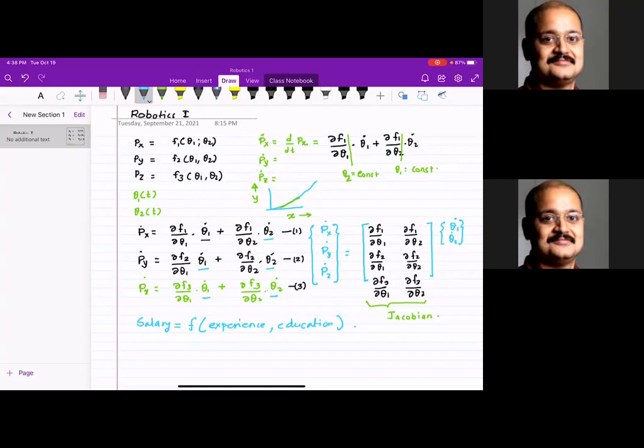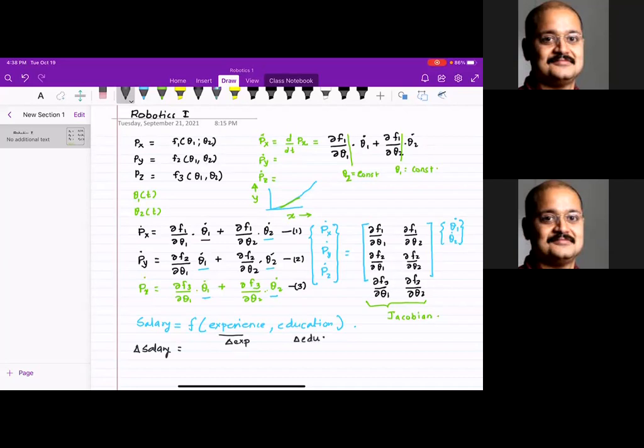Now, if I want my salary to increase, this increase in salary, or change in the salary, so delta salary, will be achieved by change in the experience or delta experience, or getting more experience, or getting higher education.